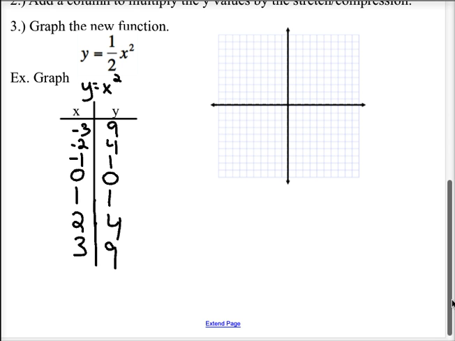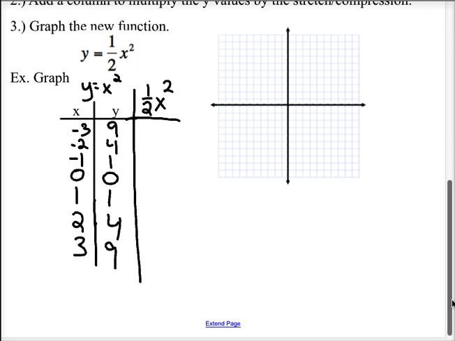But before we graph that, I actually deal with stretches and compressions within my table, all right? So I actually add in that stretch or compression right away into my table because it's easier to do it in the table than it is to do it in the graph.